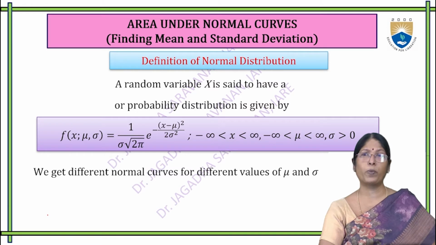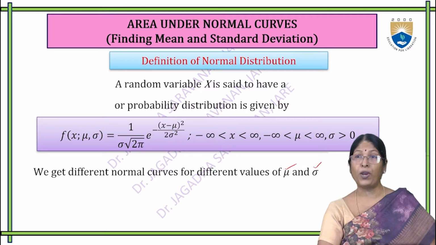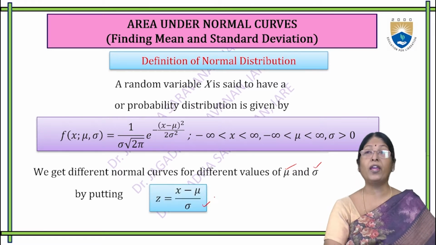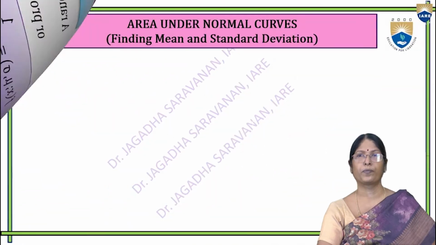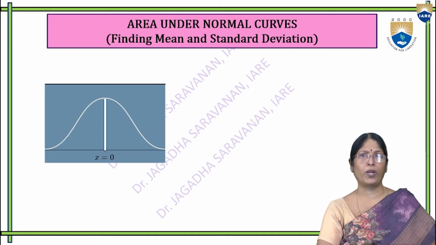We will get different normal curves if you replace this mu and sigma with various different values, with the aid of the formula z equal to x minus mu by sigma. First, what is a normal curve?